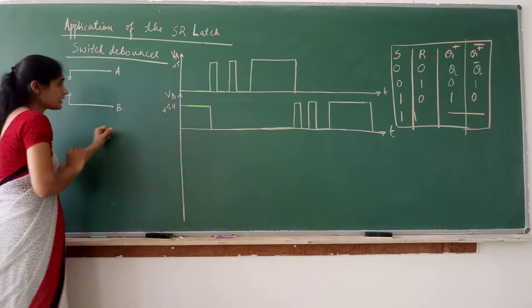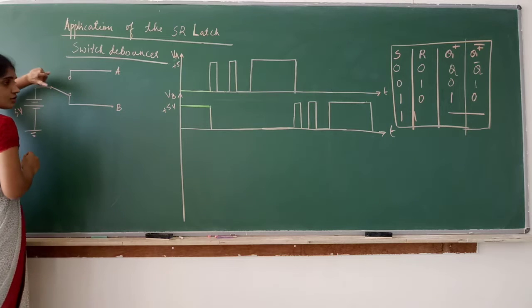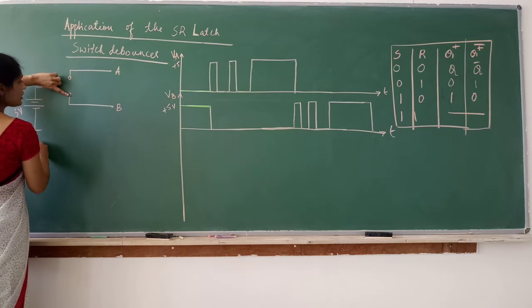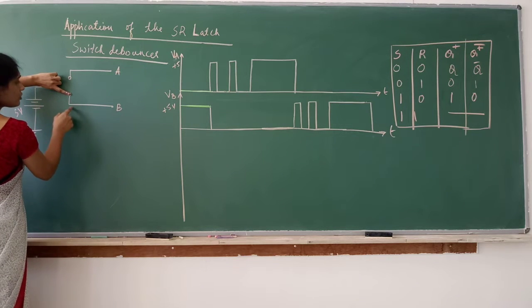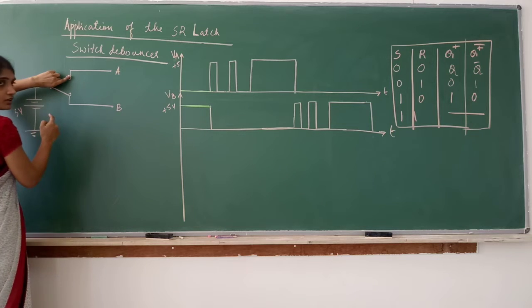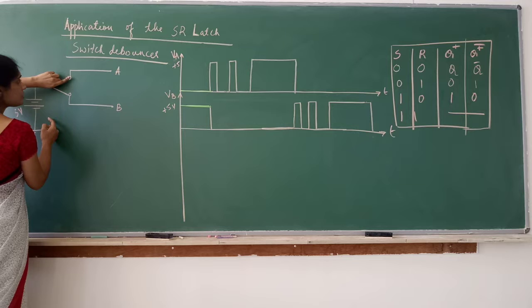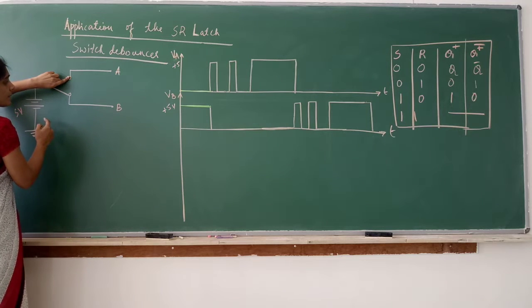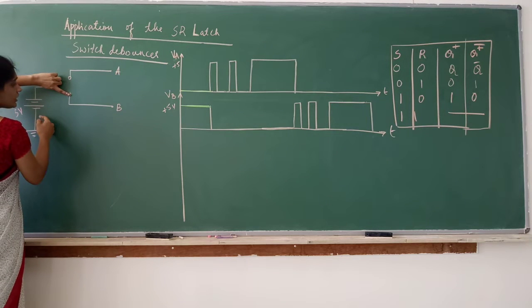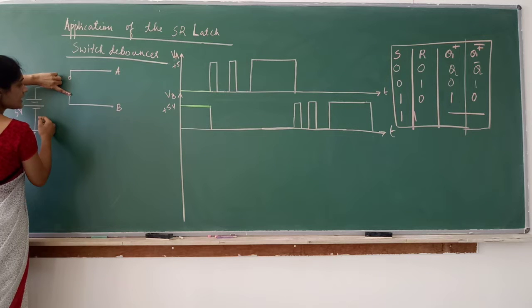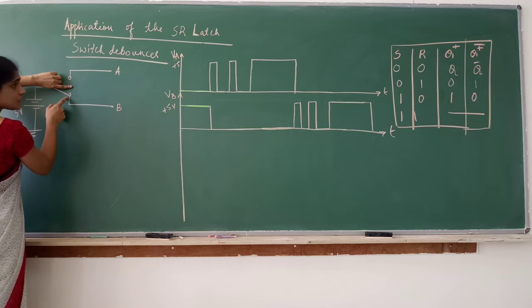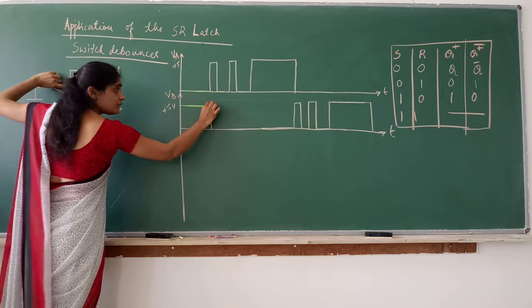Now, assume we have moved the center contact from B, that is from the lower position to the upper position. What happens? When the contact leaves B, immediately the voltage at B will become 0.